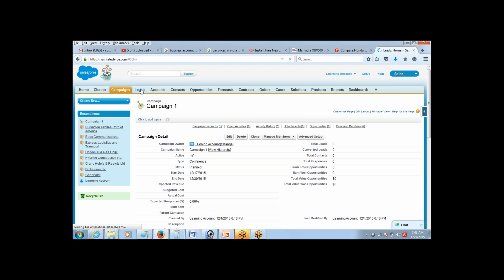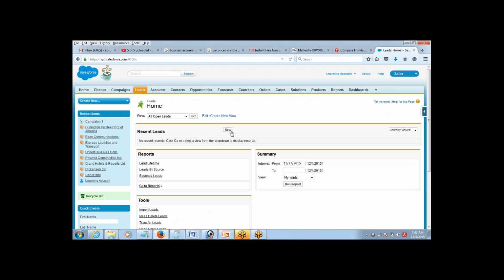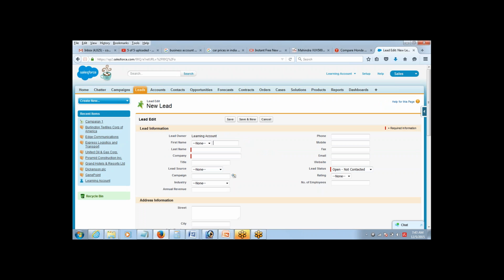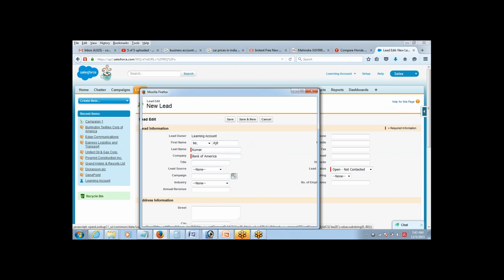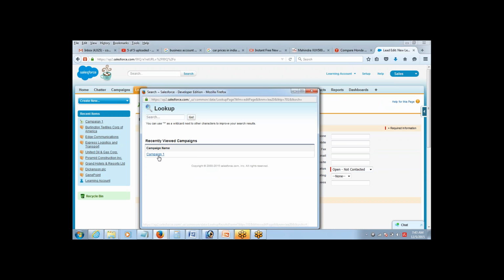Now, the moment you go into the lead, let's say we got a lead called Mr. Ajit Kumar, who is from the company Bank of America, and who came to us from this particular campaign.